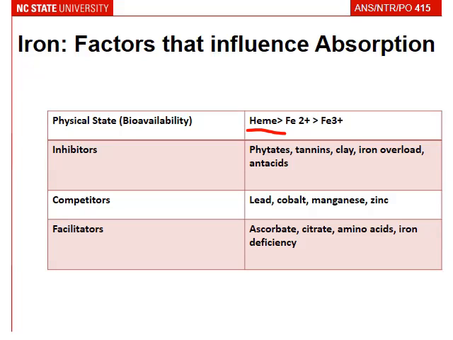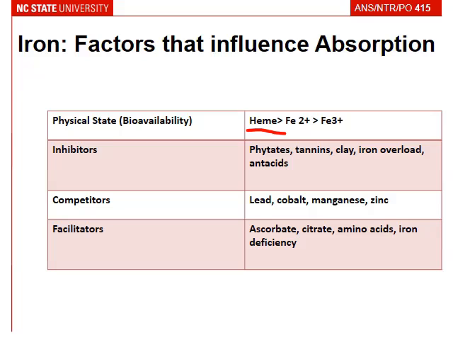And then our facilitators include ascorbic acid or ascorbate, which we'd mentioned before, citrate, amino acids, and if you have an iron deficiency. So if you are deficient in iron, you're going to have a low level of the hepcidin, so that's going to cause an increase in the upregulation of your transporters.